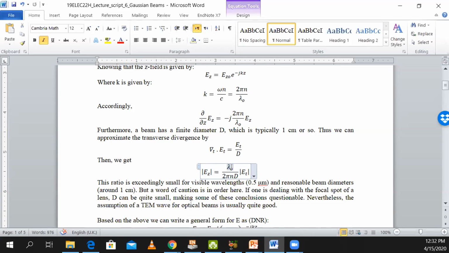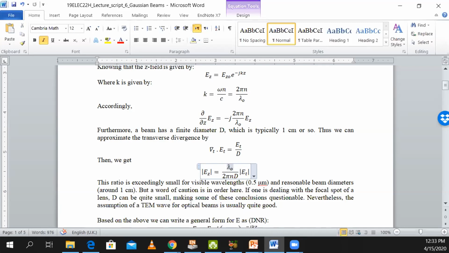We know that the wavelength of light varies from something like 0.2 micrometer for ultraviolet light, till we reach maybe 2 micrometer, which is infrared. So it's in the micrometer range. For example, visible light is 0.55 micrometer. So the numerator here is in the micrometer range.